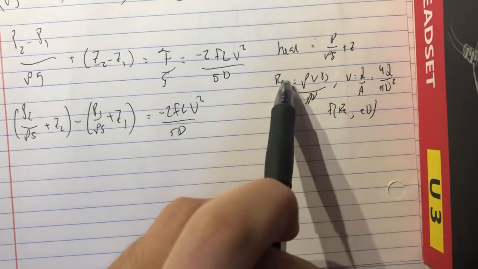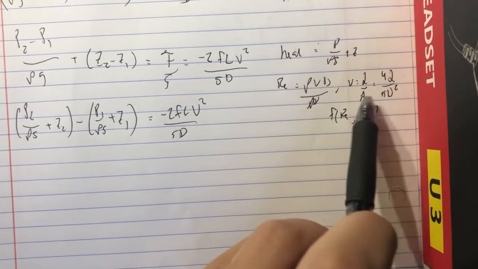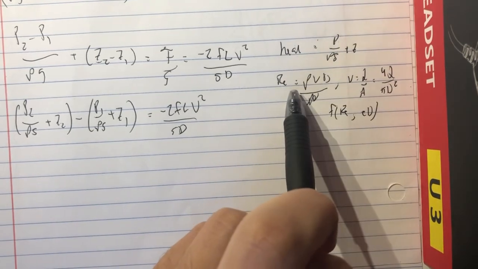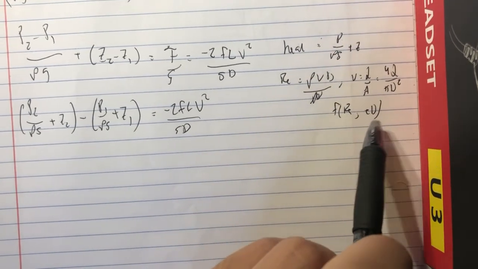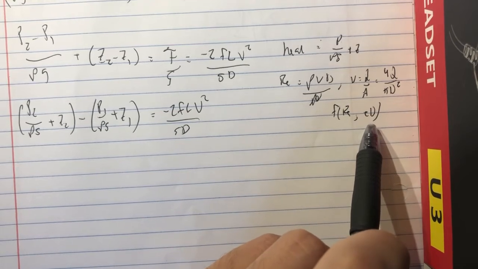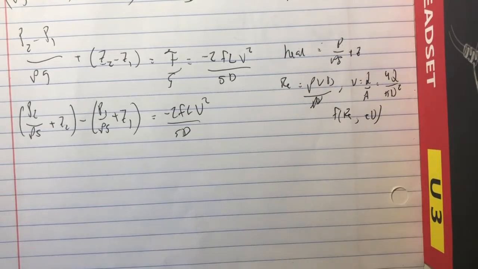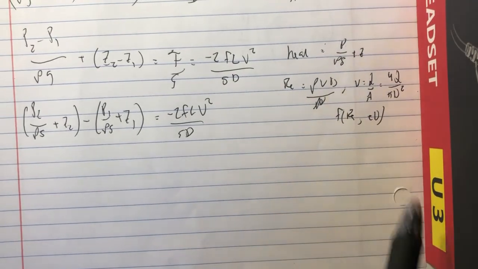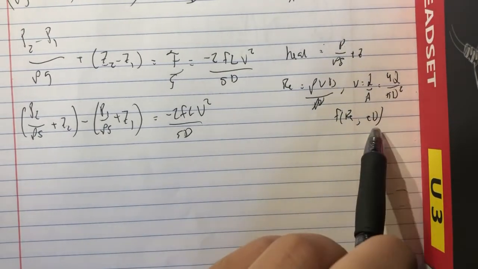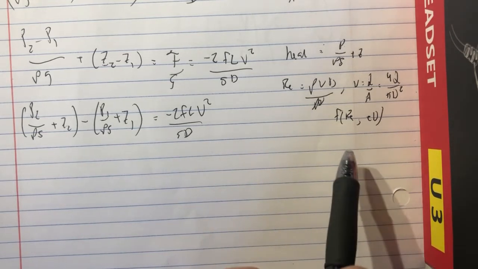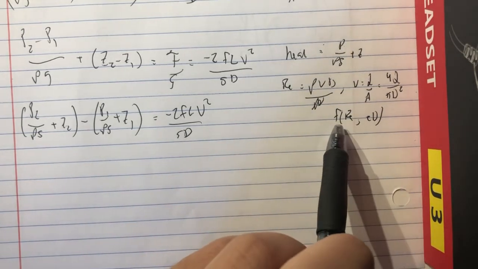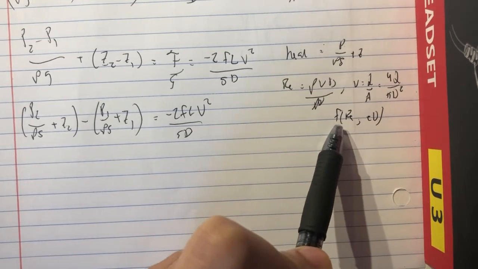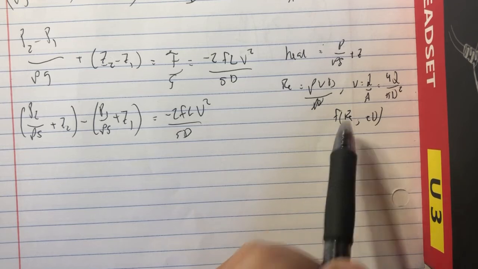Well, because we know the Reynolds number, which depends on V, which we know because it's proportional to the flow rate, and the E over D part will be given in the problem because it is a property of the pipe. Now, because this is a nonlinear equation, and I'll show you what this actually looks like at the computer in a minute, we can now figure out what f is.